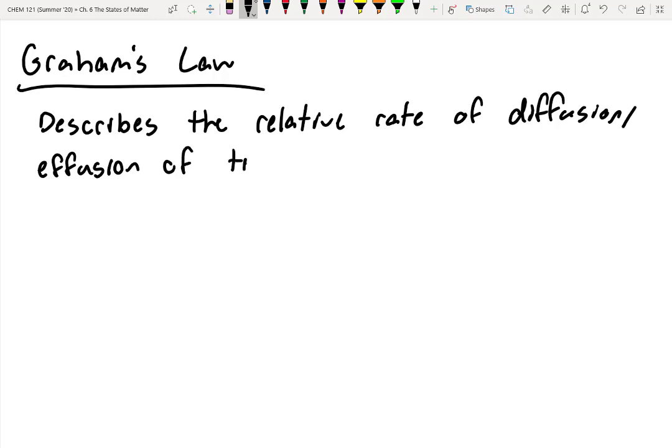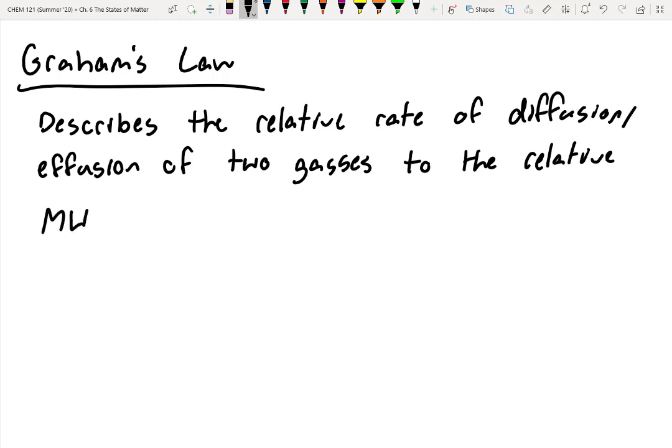Of two gases to the relative molecular weight, and I'm just going to abbreviate that as MW, of the gases. Okay, so let's take a look at Graham's law first.